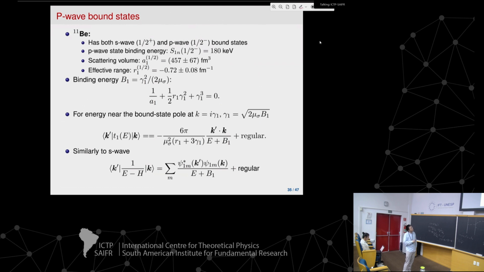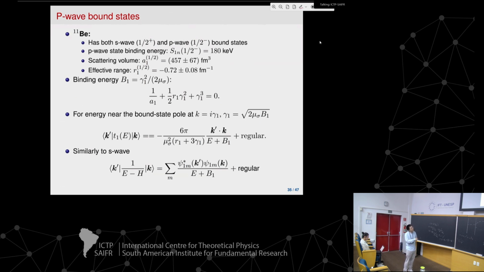Then you can expand the T matrix around the pole position. You will end up with this formula, a coefficient times E plus B1 in the denominator. Very similar to the S-wave case, you can also write 1 over E minus H and expand it around the pole position. So it's related to the P-wave wave function in momentum space.